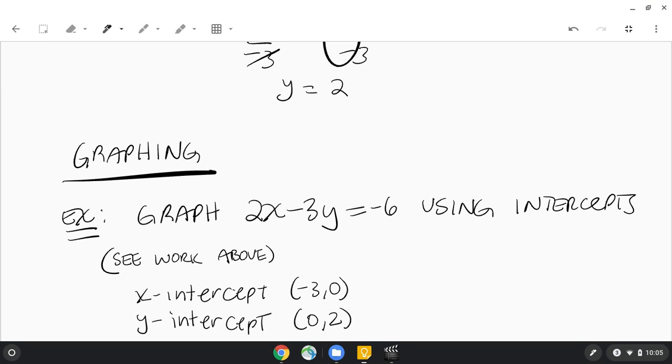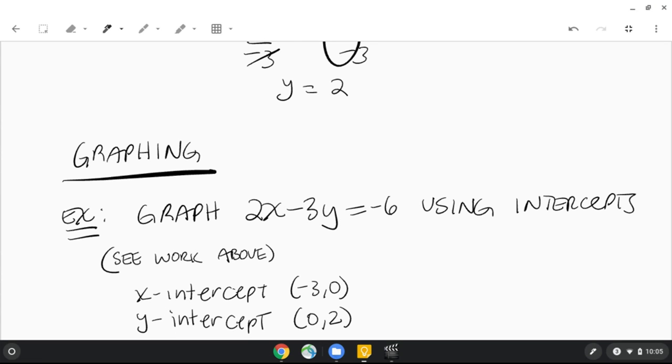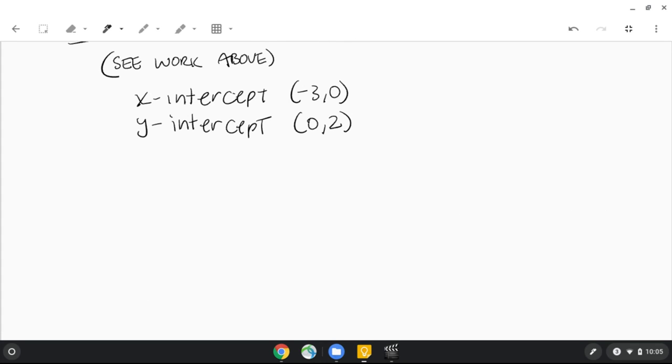So what I want to do now is plot these points.